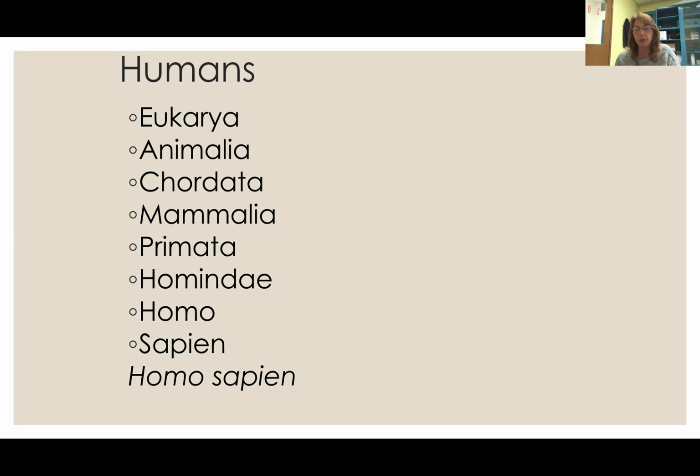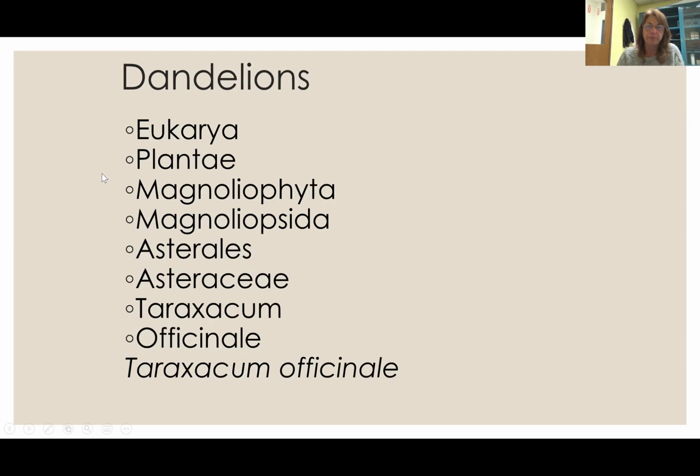As you go down the scheme, you can see Chordata, Mammalia, Primata, Hominidae, Homo, and then finally sapiens, which is our species name. As we go down that list, we would narrow down the other organisms that would have the same or similar characteristics that our species does.